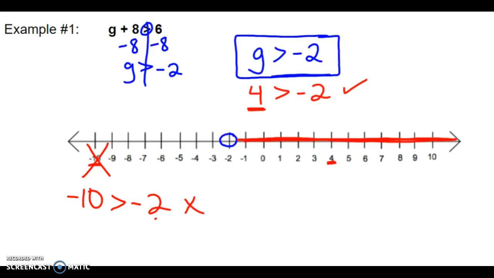I'm still going in this direction on my number line. So you just plug in a number. If it's a true statement, you go towards that number, like mine, I picked 4, so I'm going towards that number. And if it's false, like if I were to pick 10 and it was false, I'm going away from it, so I'm still going towards my 4 on my number line.